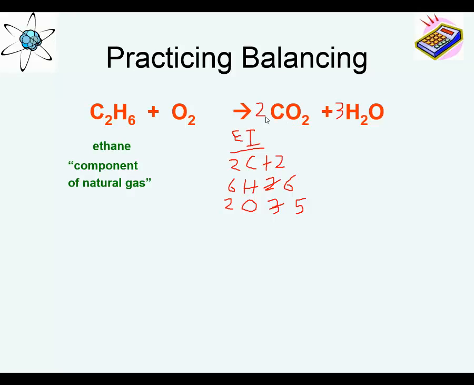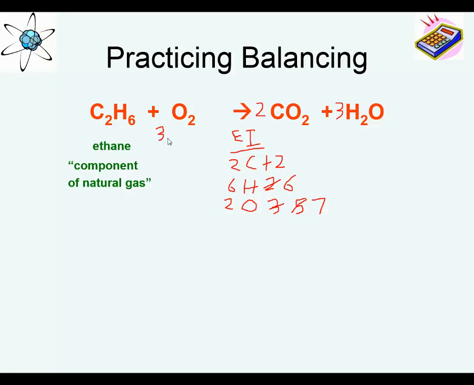So I have 2 times 2 is 4 here, plus 3 times 1 is 3, so I have 4 plus 3. So I have 7. Now, this is an odd number, and since my oxygen I only have in packets of 2, I could write this as 3.5.